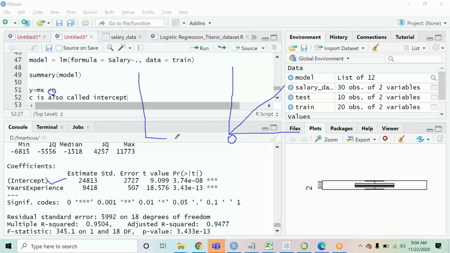Now when my line is like this and passing from here, at x equal to 0, is my y 0? No, right? y is not 0. There is some constant value. When the value of x is 0, y still has some value. That is what we understood from y equals mx plus c.